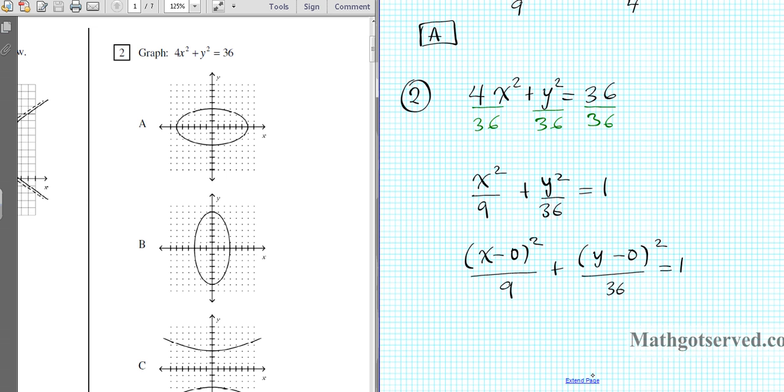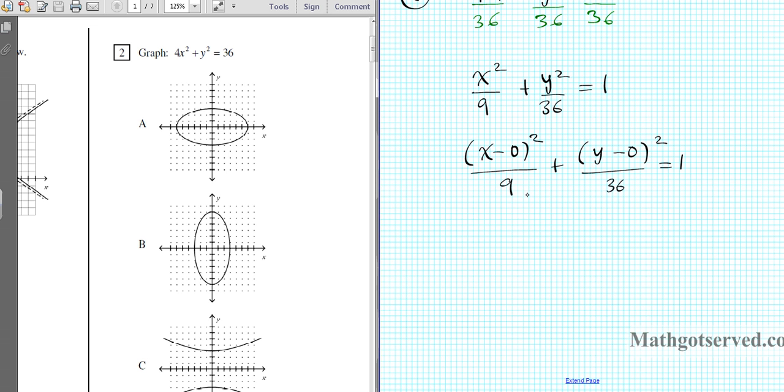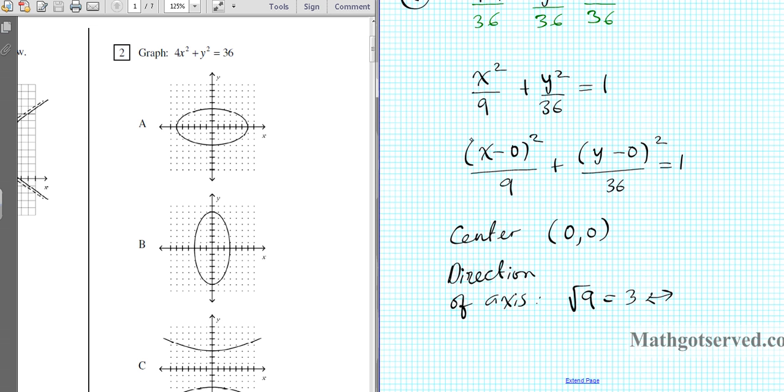So what does this information tell us about the ellipse? It tells us that the center is 0, 0. The square root of 9 equals 3, and that's going to be side to side because it's under the x. And the square root of 36 is 6 up and down because that's under the y.